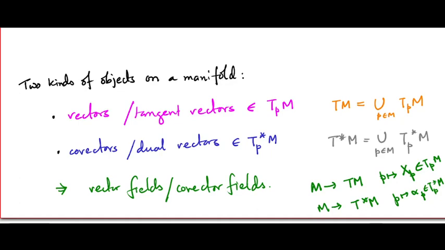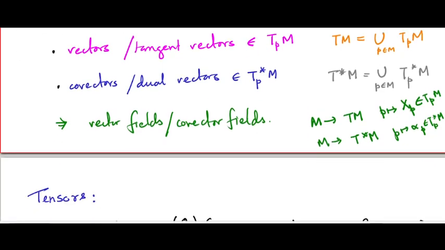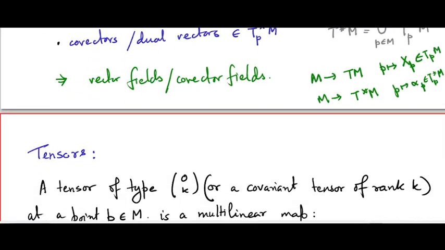This was a quick recap of the kind of objects that we have met so far in our course, and we are next going to talk about a very important class of objects that we have all heard about, the so-called tensors. We will begin by talking about a particular kind of tensor, a 0k tensor, or a tensor of type 0k, something for which the older name, which is still prevalent, is a covariant tensor of rank k.